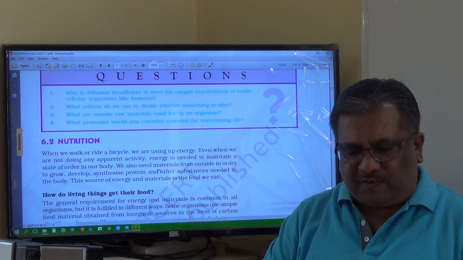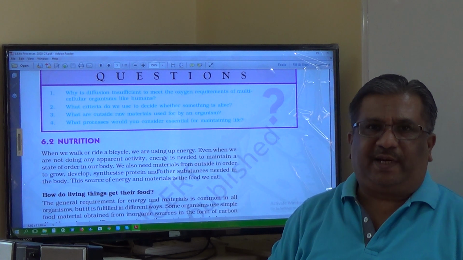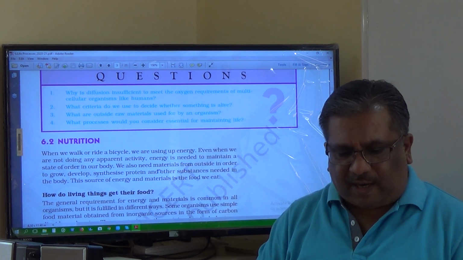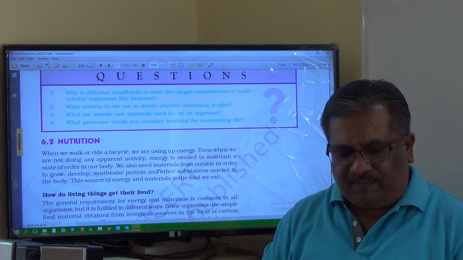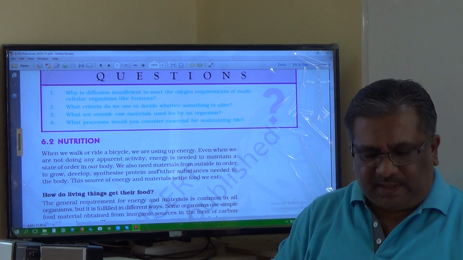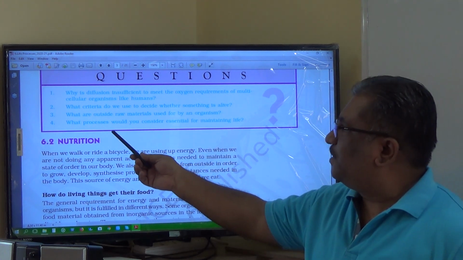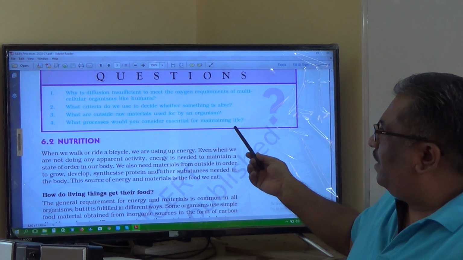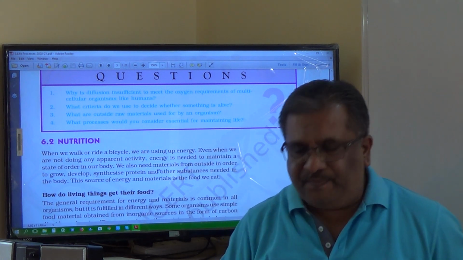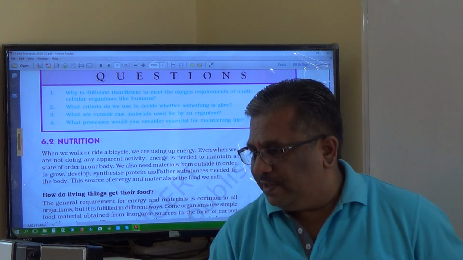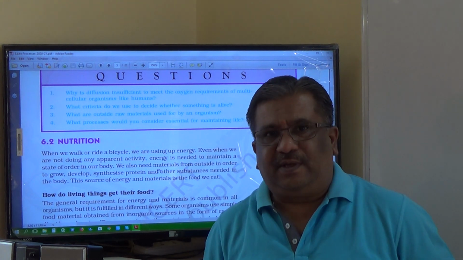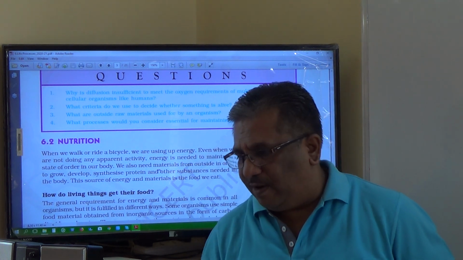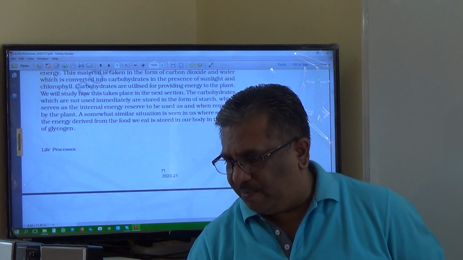For animals, it is food, water, and oxygen are the outside materials, and carbon dioxide, water, and oxygen in case of plant. That's okay. What processes would you consider essential for maintaining life? All the life processes: nutrition, then respiration, excretion, etc. Circulation or transportation, all these are the processes which we require.